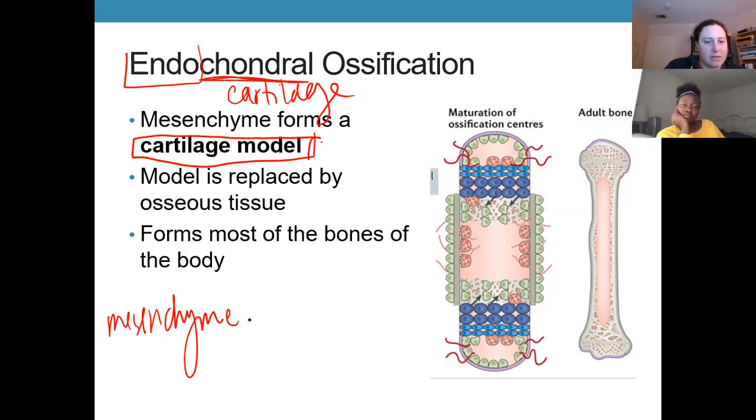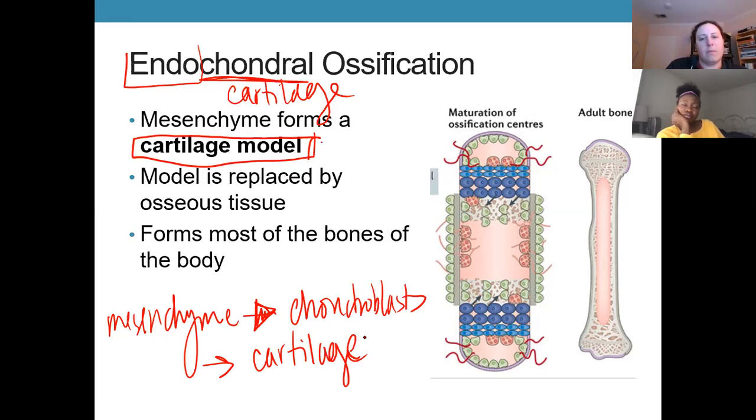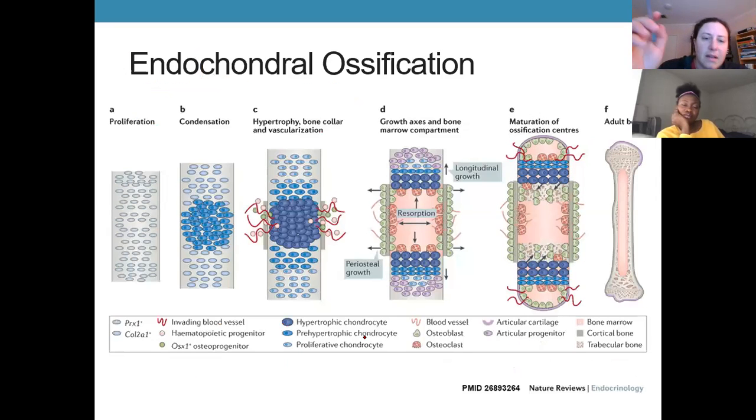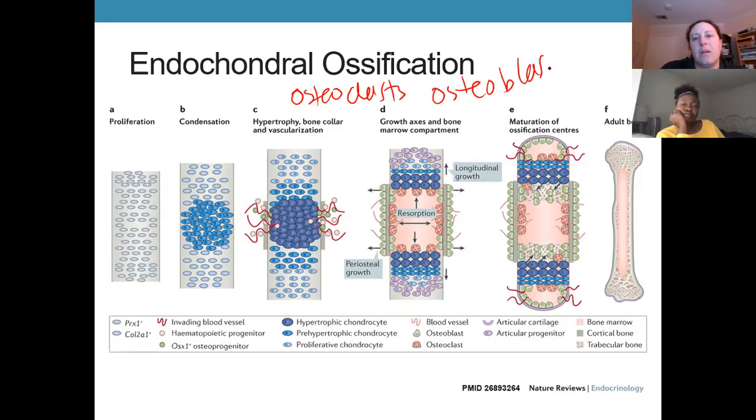mesenchymal tissue, the stem cells, they become cartilage making cells, so they become chondroblasts. Chondroblasts make a cartilage bone, and then that cartilage bone actually ossifies, so it becomes mineralized, and then that cartilage dies, and then the osteoclasts come in and dissolve it, and the osteoblasts invade it and make bone and build the bone on this dead cartilage framework.